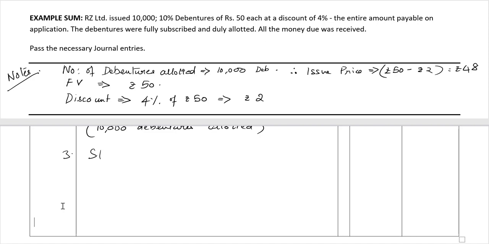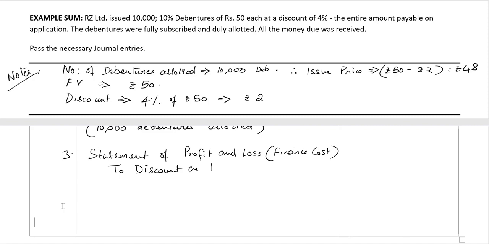So we will write it off from statement of profit and loss, finance cost, to discount on issue of debentures account.